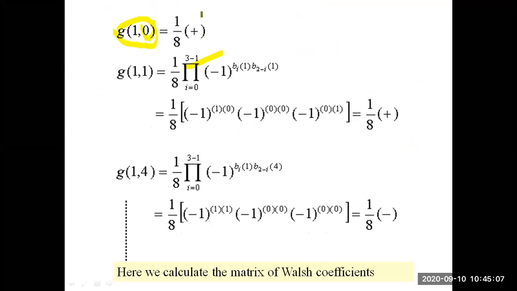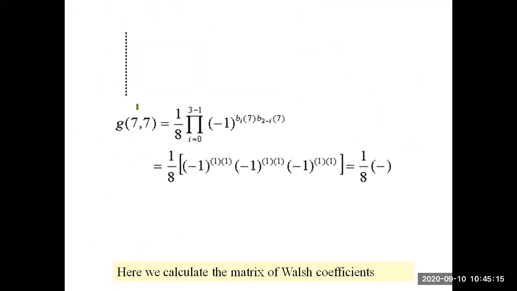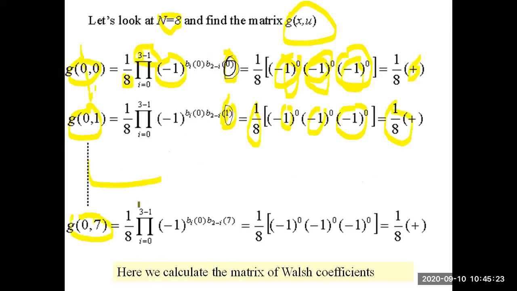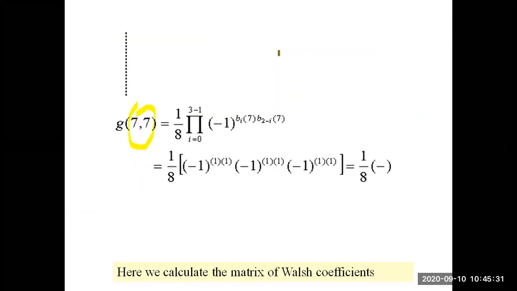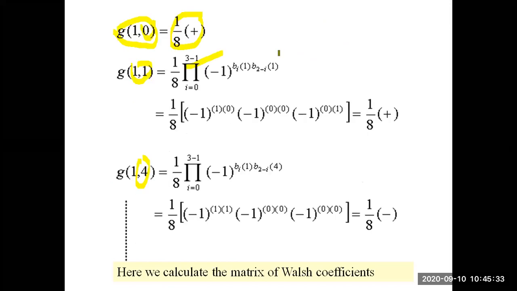Use the same formula and you get 1 by 8 plus, and similarly up to G7, 7, the last component. So we have vertical and horizontal components. First we calculate by keeping x equal to 0, and the second time by keeping u equal to 0.